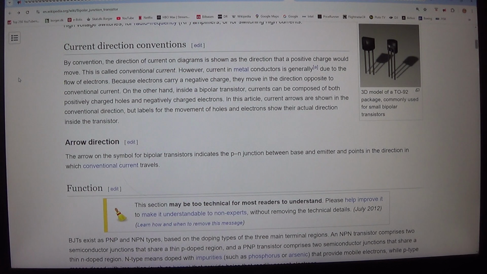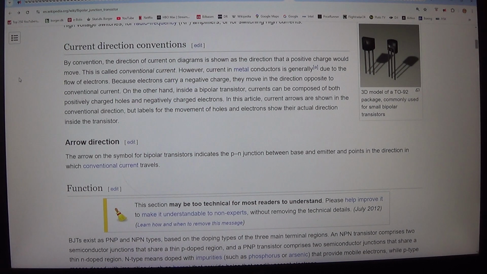Current direction conventions. By convention, the direction of current on diagrams is shown as the direction that a positive charge would move. This is called conventional current. However, current in metal conductors is generally due to the flow of electrons. Because electrons carry a negative charge, they move in the direction opposite to conventional current.